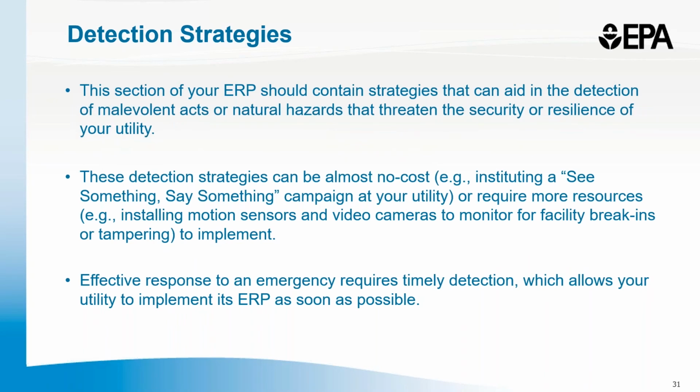The final section of the emergency response plan is the detection strategies. And these are strategies that can help you detect malevolent acts or natural hazards that threaten the security or resilience of your utility. Some of them can be as simple as creating a security awareness with your staff that if they see something, they say something. And it's not just your staff, it's also your landscapers who are mowing the grass at a remote location and happen to notice that the fence has been broken, or you've established a relationship with law enforcement.